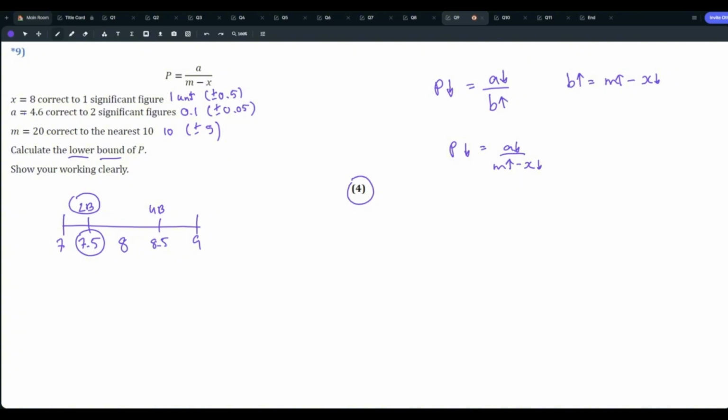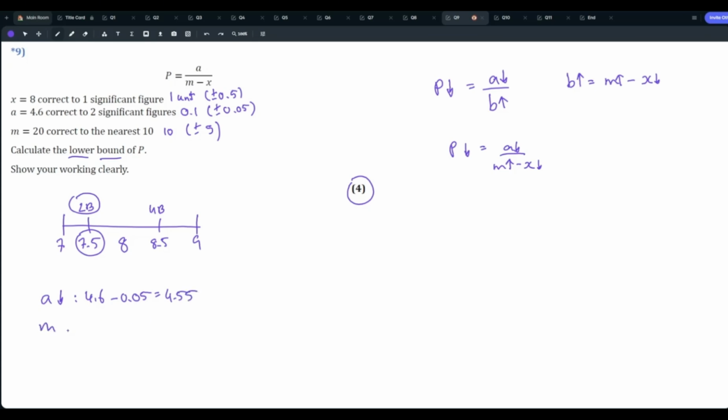For a is 4.6. Okay, let's do a. Now what do we want for a? We want the lower bound of a. a is 4.6, correct to 2 sig fig. I want the lower bound, so I'm going to take away 0.05. So 4.6 take away 0.05. Okay, this will be 4.55.